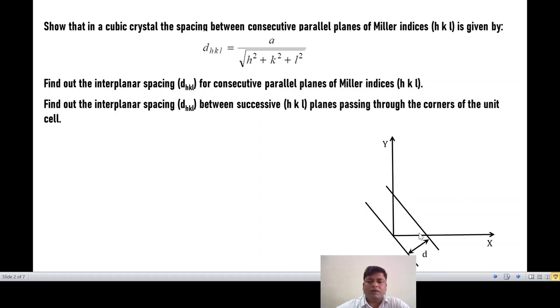So we have to find out the distance between these two parallel planes, which is universally denoted by d_HKL, because HKL are the indices which combined together represent a specific set of parallel planes. So we have to find out the d_HKL interplanar spacing.